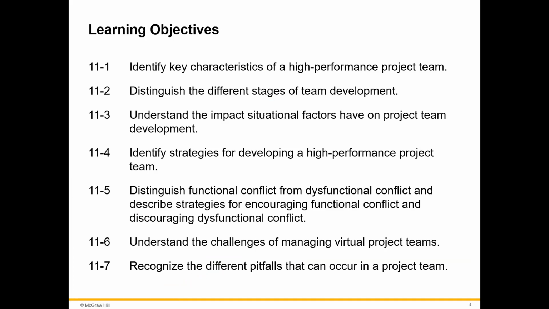We're going to understand the impact situational factors have on project team development, identify the stages for developing a high performance team, and distinguish between functional conflict and dysfunctional conflict. We'll talk a little bit about strategies for encouraging a functional conflict within a team and eventually discouraging a dysfunctional conflict.